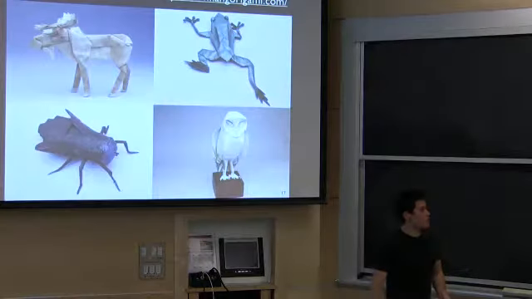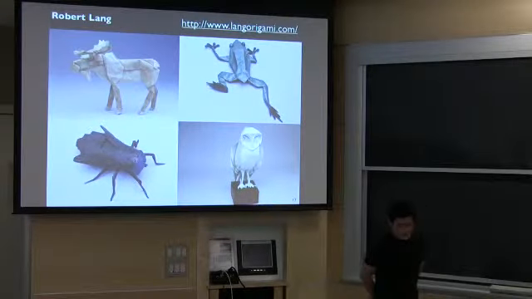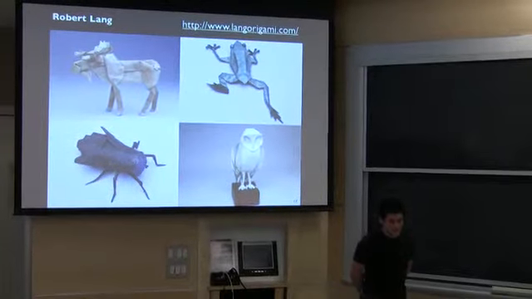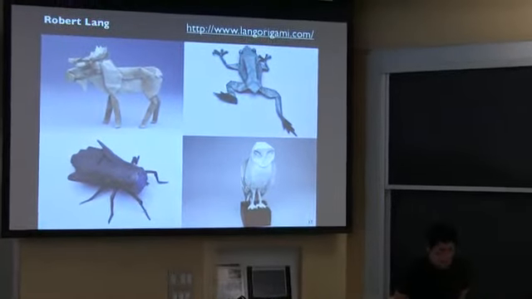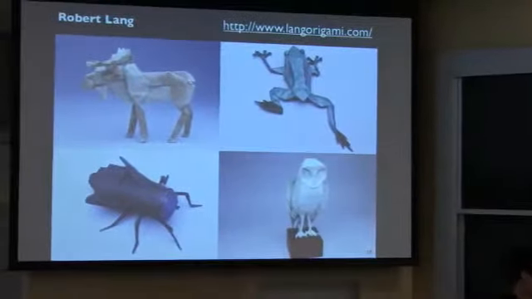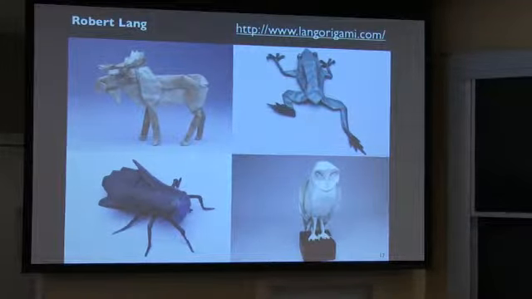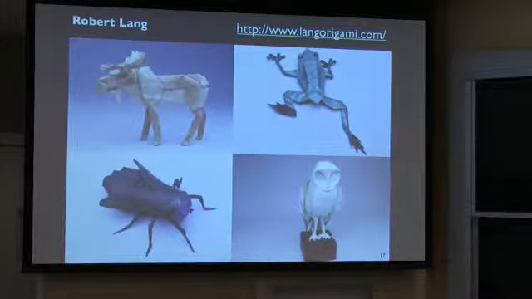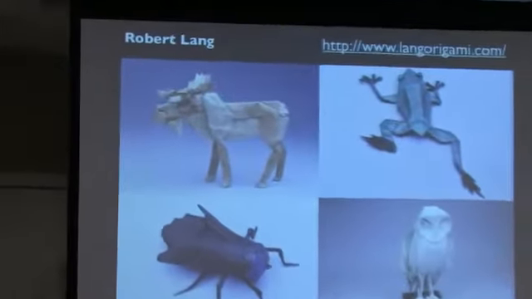I think Robert Lang is one of the foremost origami designers in this area. He's a guy from California who is a pioneer of algorithmic origami design. You've heard his name a number of times. He has codified tree theory, if not been one of the pioneers of establishing that research himself.